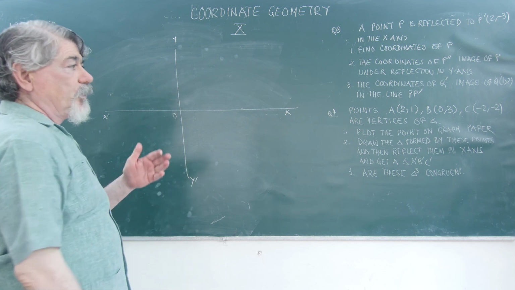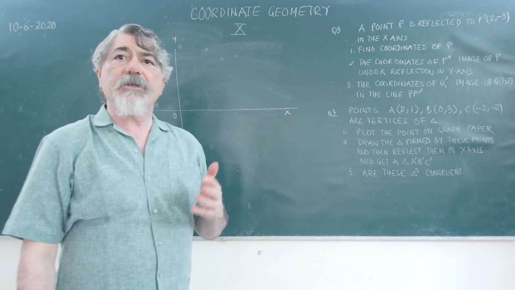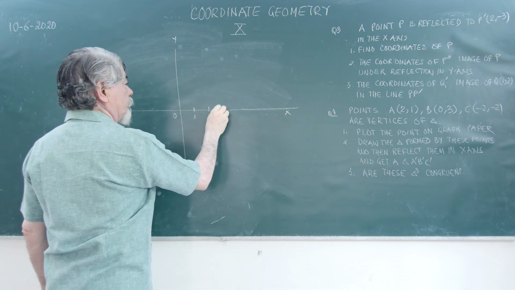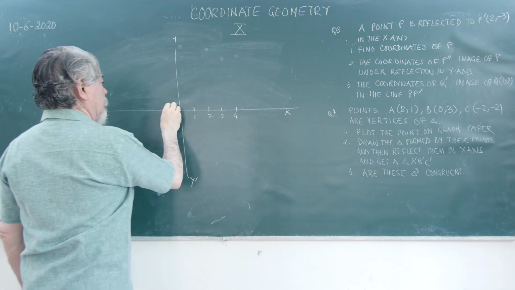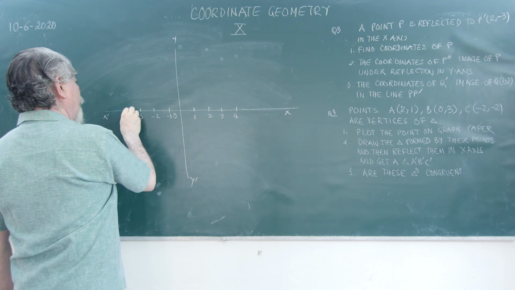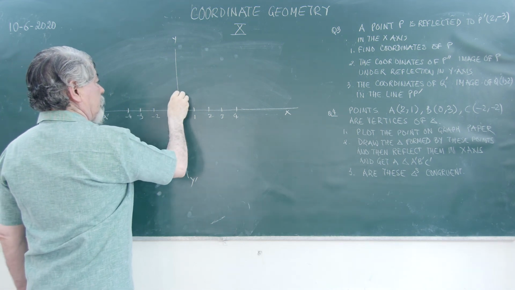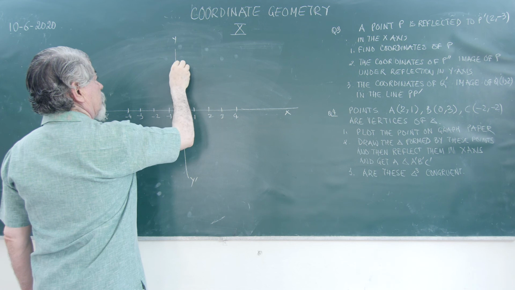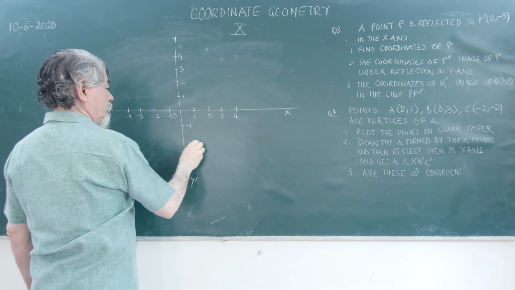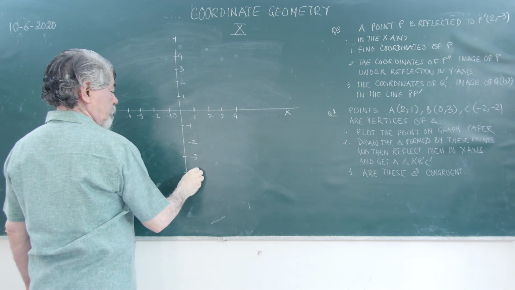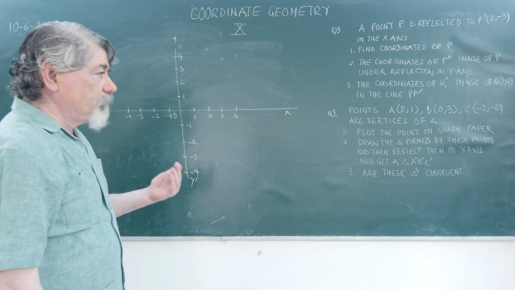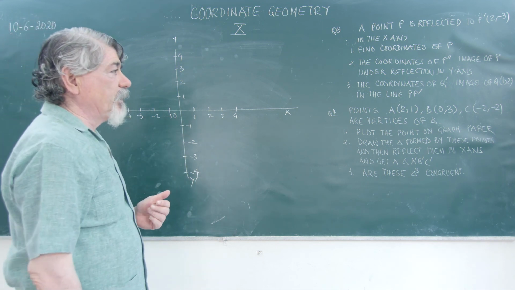He has not given any scale, so I am using 1 centimeter equal to 1 unit. 1, 2, 3, 4. That means the distance between any two consecutive points is 1 centimeter. These are perpendicular number lines.